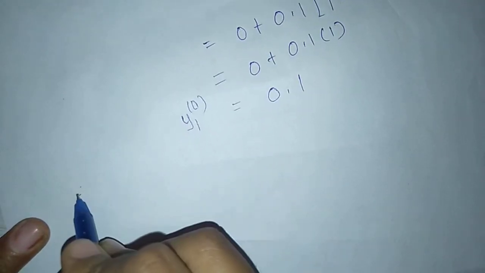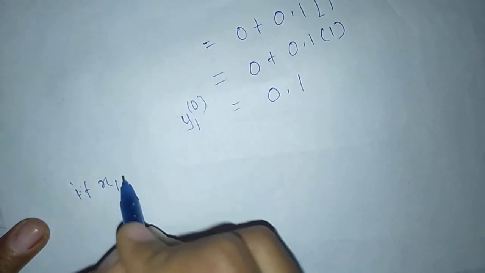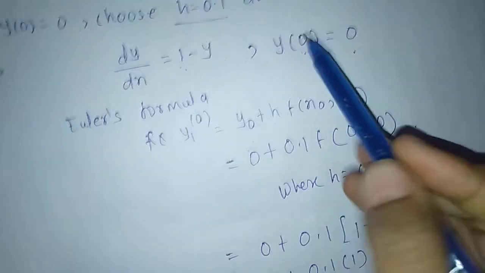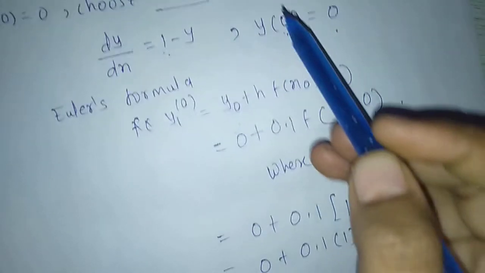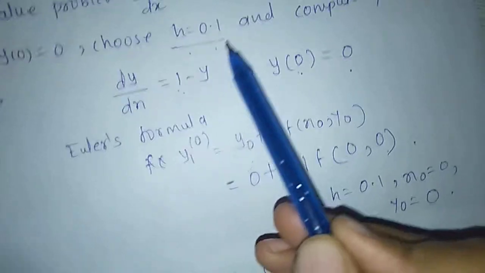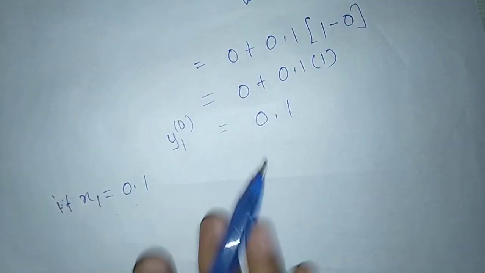Now x1 equal to 0.1, because here x0 is 0 and h equal to 0.1, therefore x1 equal to 0 plus 0.1, which is 0.1.